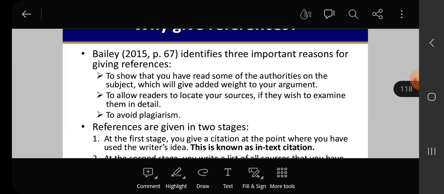And it gives the reader some kind of impression about you, that this person has done a lot of research, because it's not everybody that can go out to search for information or read books and gather information to make his writing so unique. So the more you read books, the more you read from other sources, it gives you more information.